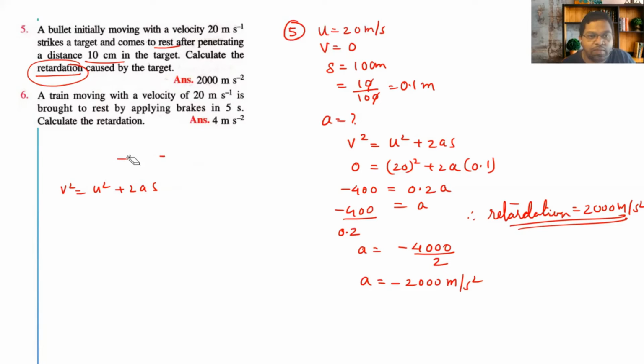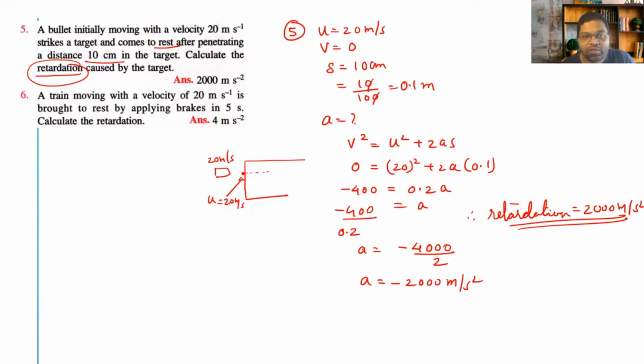Over here, they have not said how much distance the bullet has traveled first. Then how do we know that difference? No, it says that the bullet was traveling with that velocity. Suppose this is a bullet, it was traveling with 20 meter per second and it strikes a target. The moment it hit the target, the initial velocity was 20 meter per second.